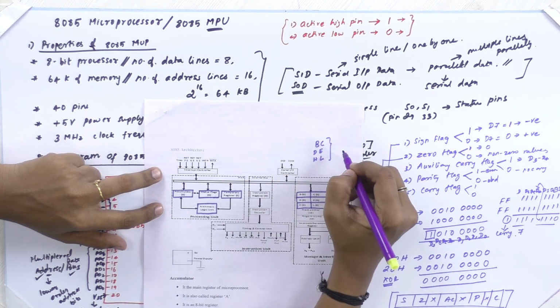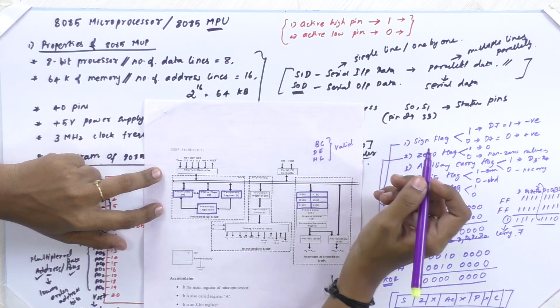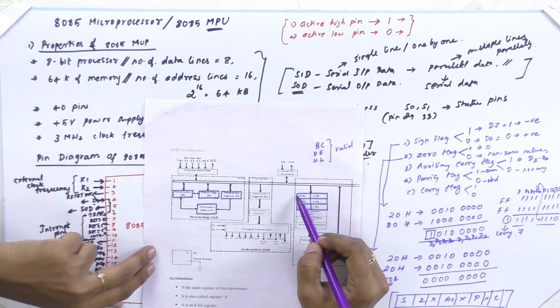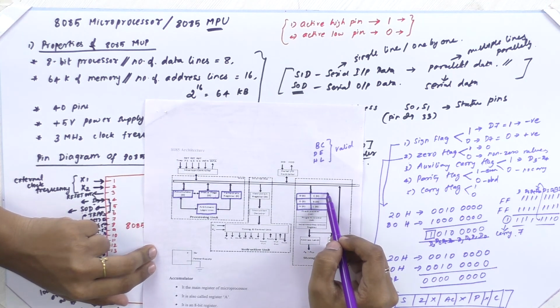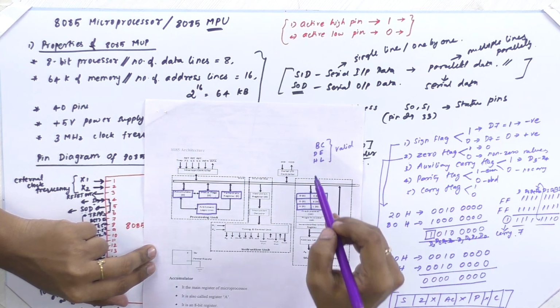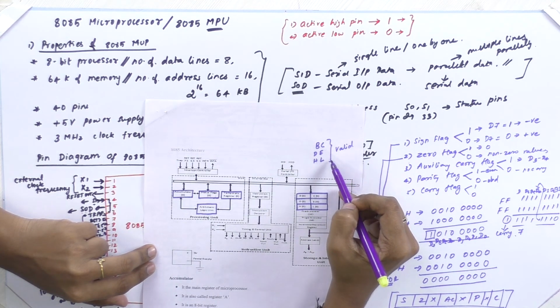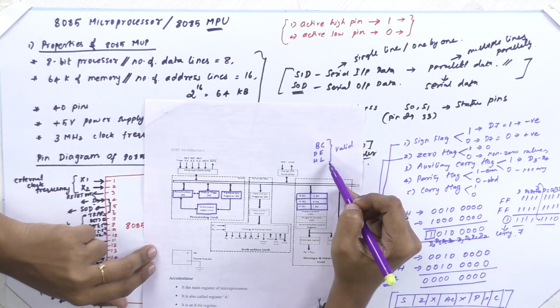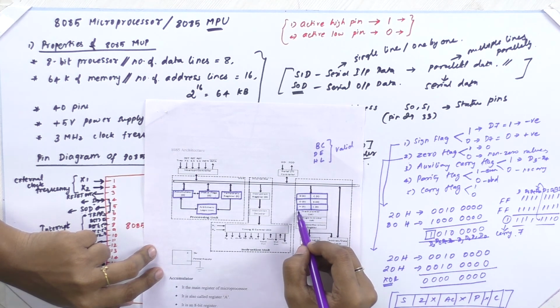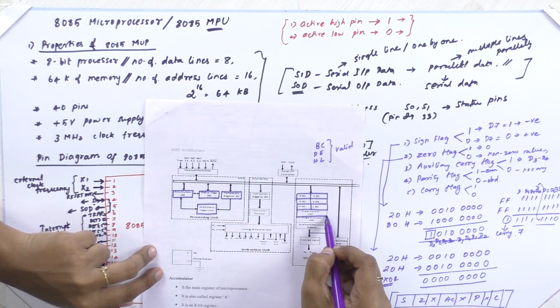So these pairs only valid. So whenever the processor wants to execute any 16-bit operations, these valid register pairs can be used to hold the 16-bit data.